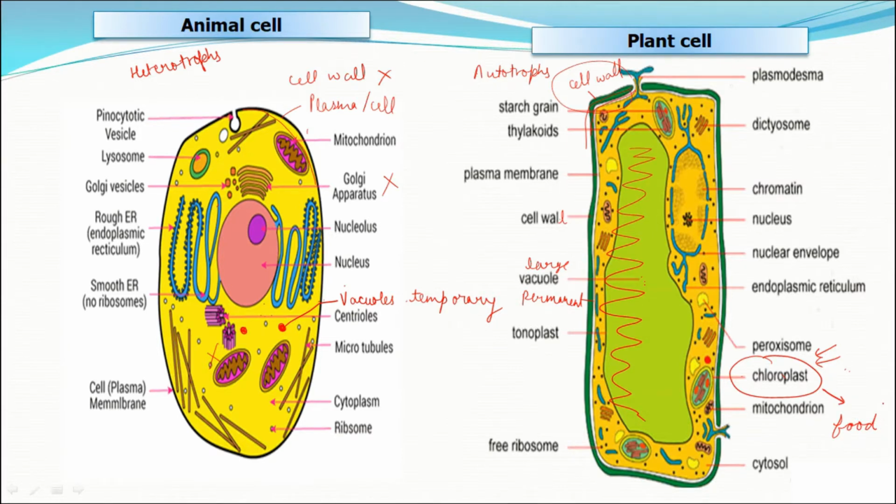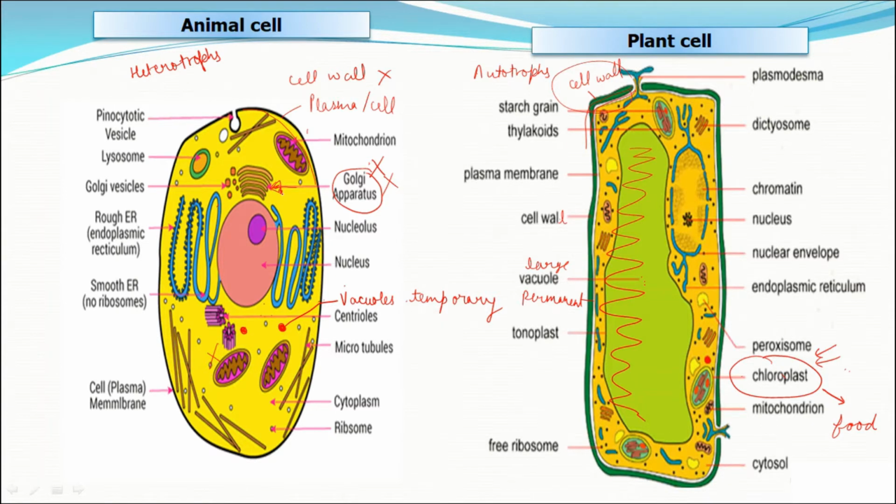Because these are pigmented organelles, they impart colors to the plant, especially chloroplast, which gives green color to the plant. Now, fourth difference is the difference of Golgi apparatus. If you observe the diagram of animal cell, you will see a prominent single Golgi apparatus inside the cell.